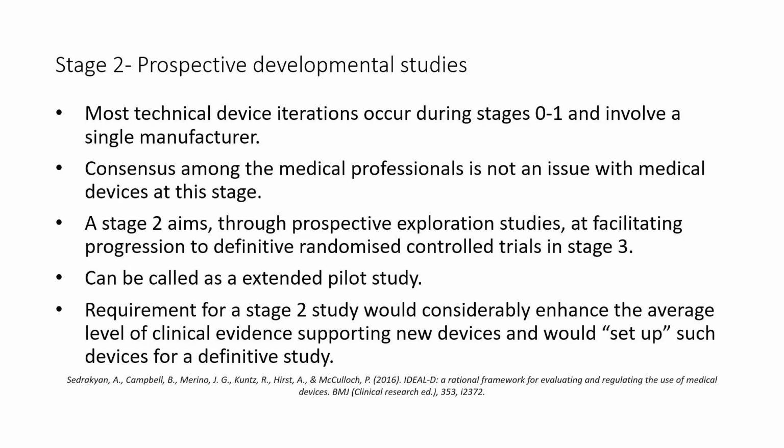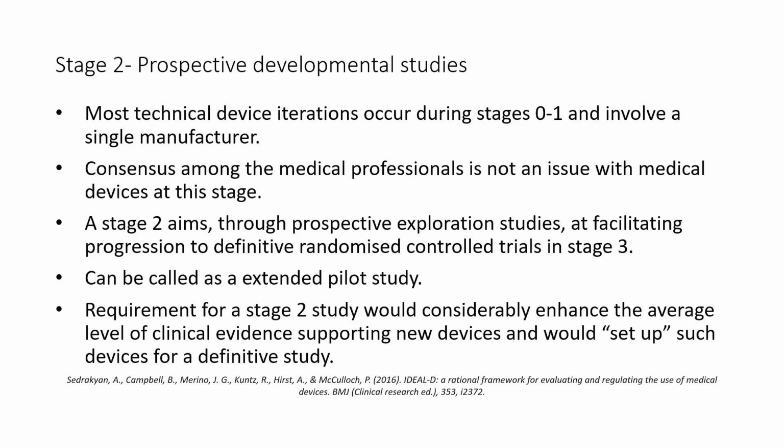Stage 2 aims, through prospective exploration studies, at facilitating progression to definitive randomized controlled trials in stage 3. Stage 2 makes its way to stage 3 if done right. So stage 2 can basically be considered an extended pilot study, right?